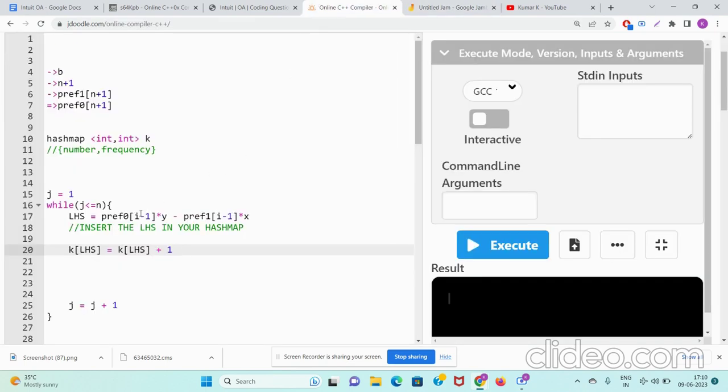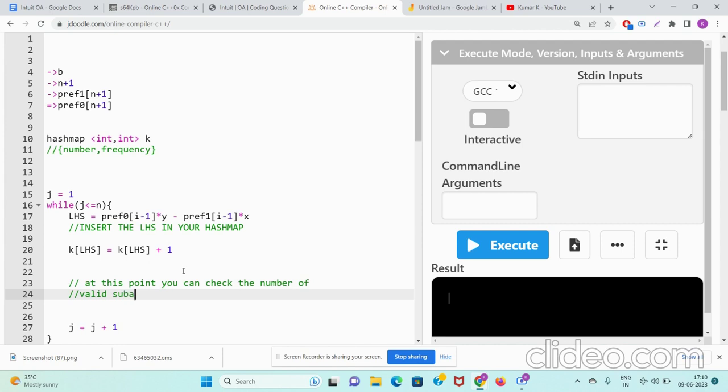So this way I am saying just keep on storing the LHS value, and now at this point you can check the number of valid subarrays ending at index j.